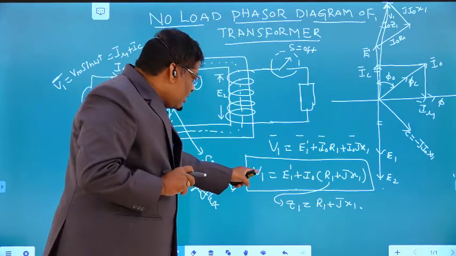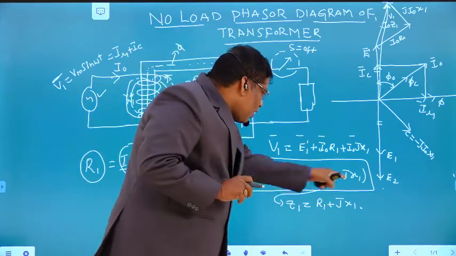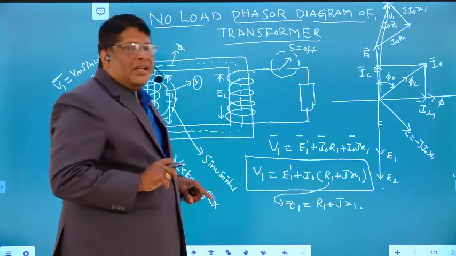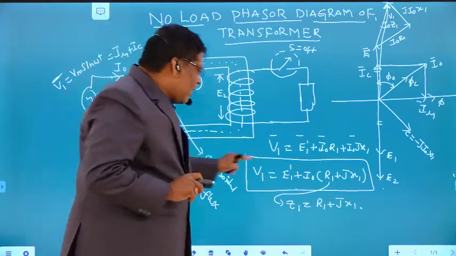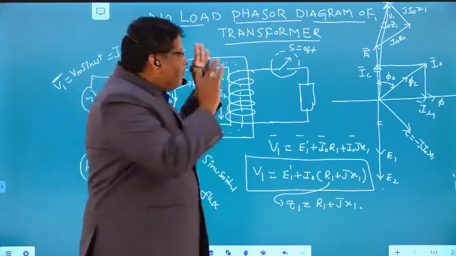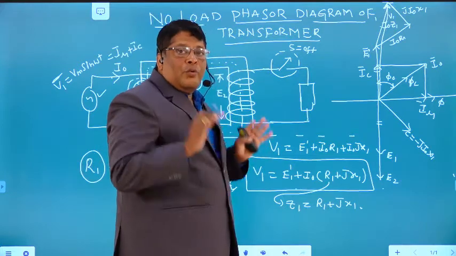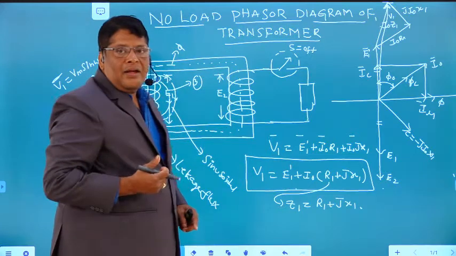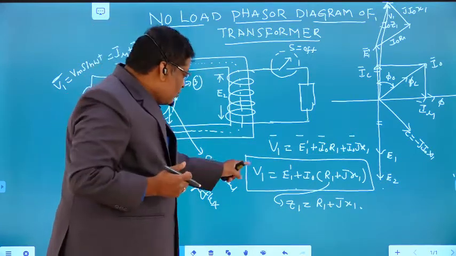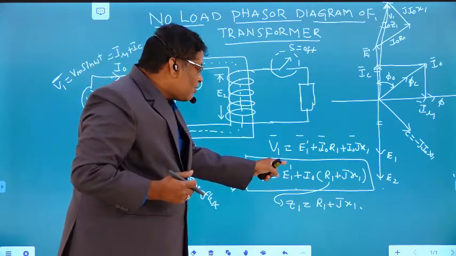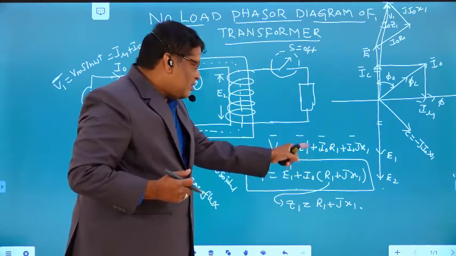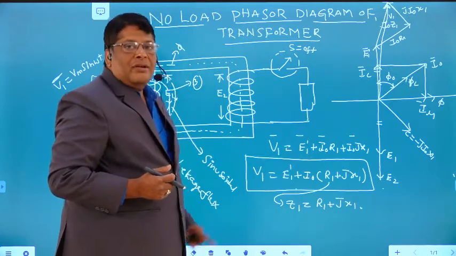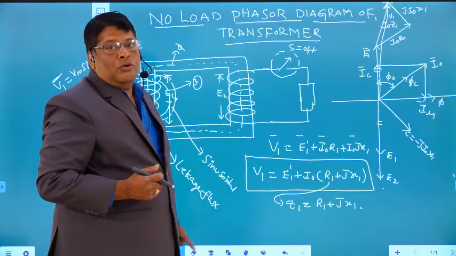See here, the sum of all the three quantities is equal to V1. All these are the phasors. So finally, from the phasor diagram, you can develop the relation between the sinusoidal quantities, V1 equal to E1 dash plus I naught into R1 plus j X1, but this is at no load.